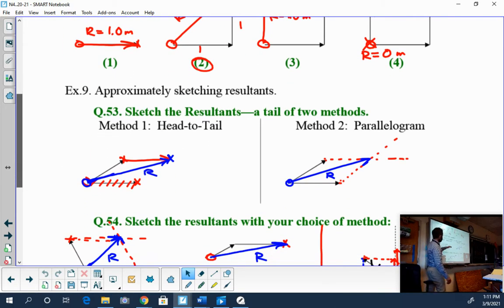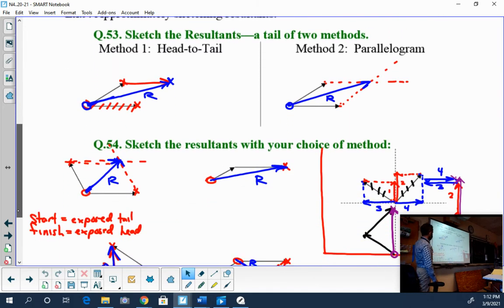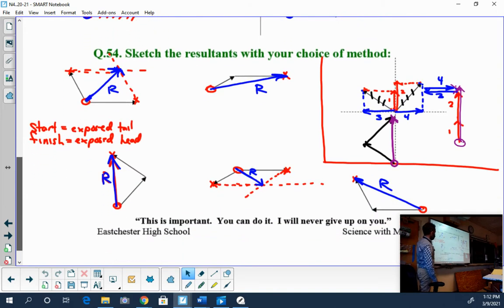We showed a couple of ways to go about making your resultant when you're at some off angle from 0, 90, and 180. Generally, again, circle to start, X to finish. Or if you preferred, we had this graphical method where you made a nice parallelogram. Opposite sides are parallel and congruent, and that helped you draw them. We even went through the process of breaking them into components.